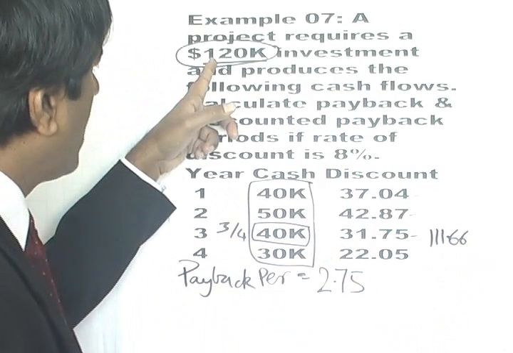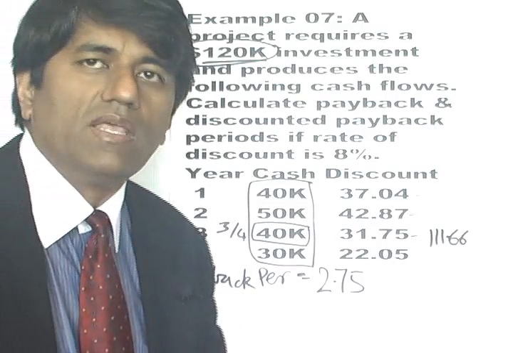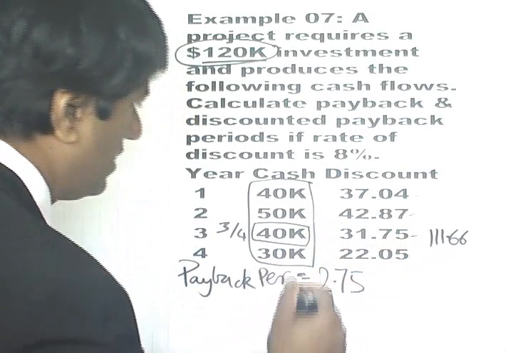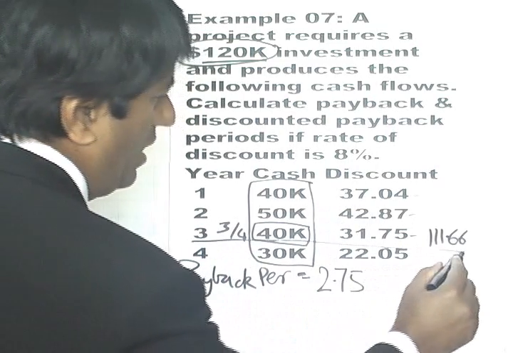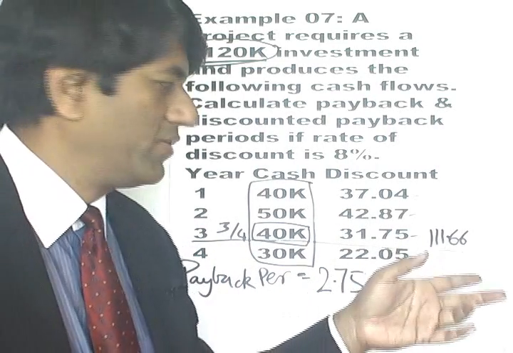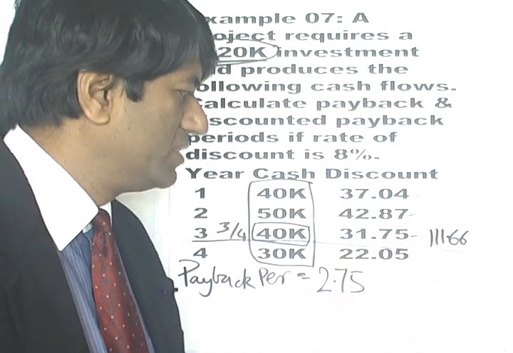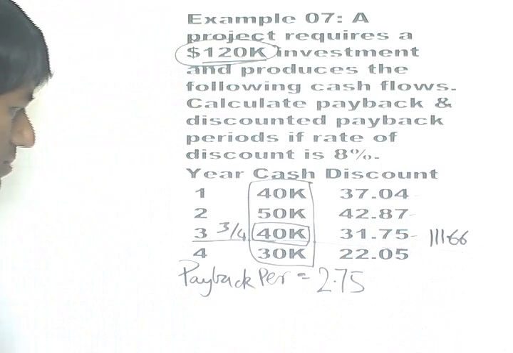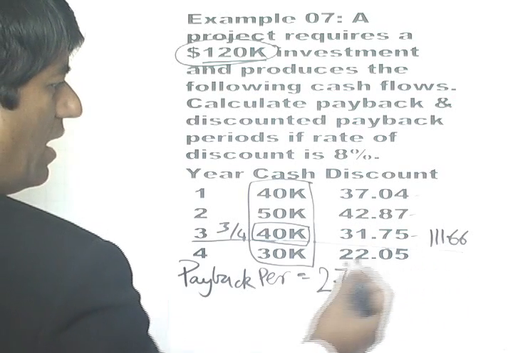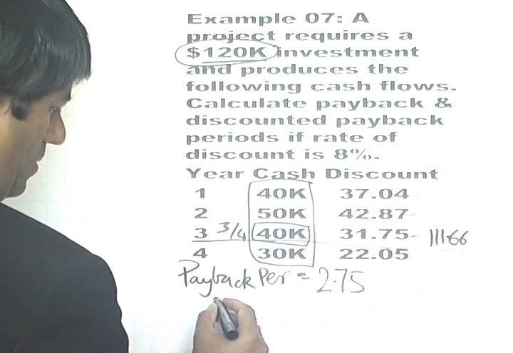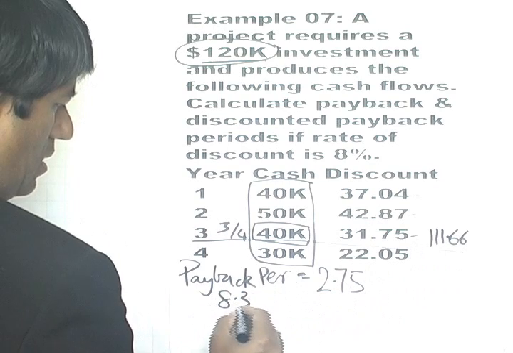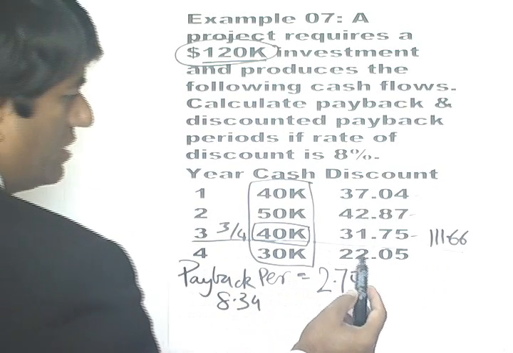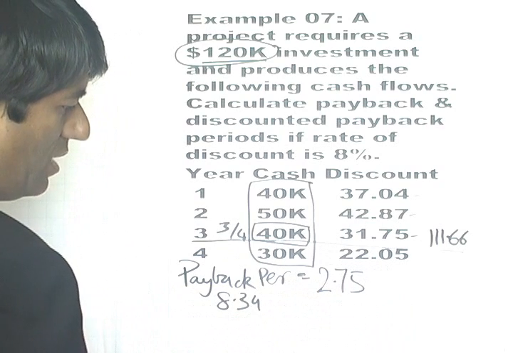111.66 is less than 120, so your discounted payback period must be greater than 3 years, because after 3 years you have only recovered 111.66. So you still have 8.34 left to recover, and the fourth year produces 22.05.